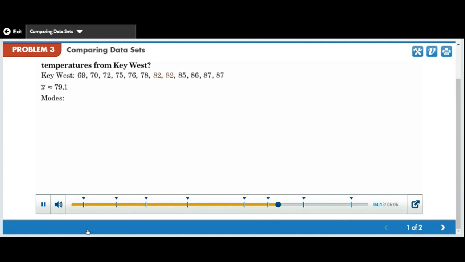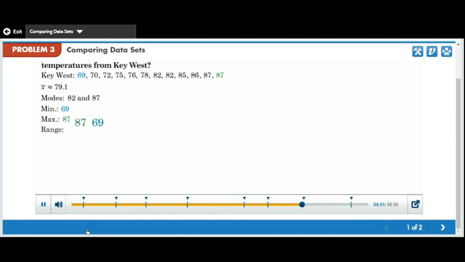Next, find the mode. 82 is popping up twice, as is 87. The modes are 82 and 87, each occurring twice. Then find the minimum and maximum. The minimum is 69, and the maximum is 87.